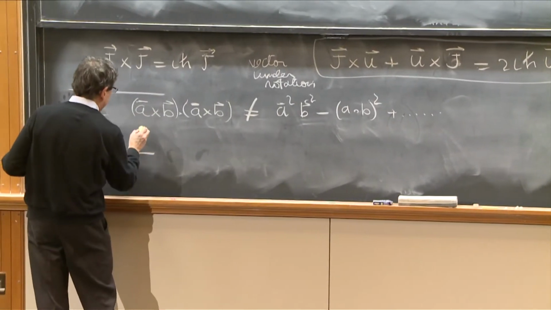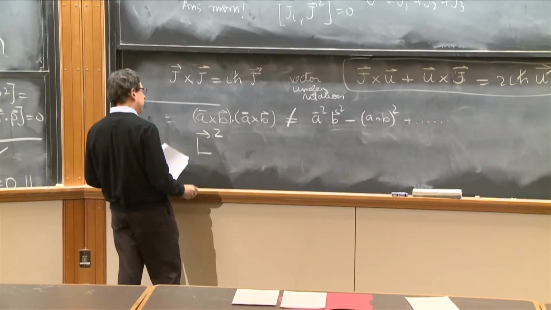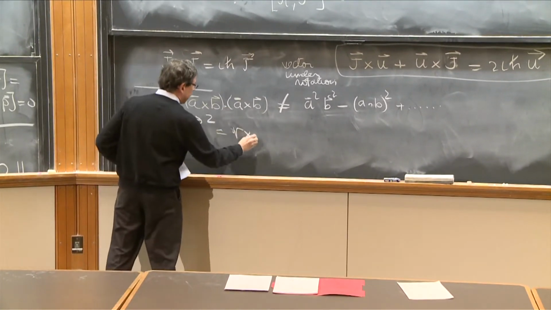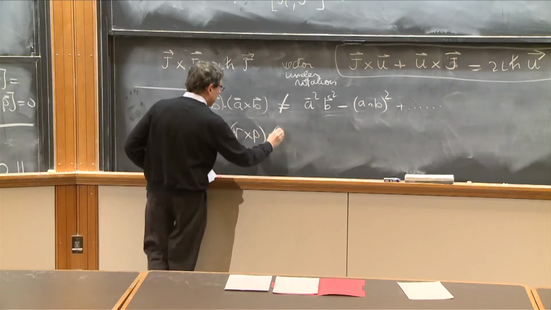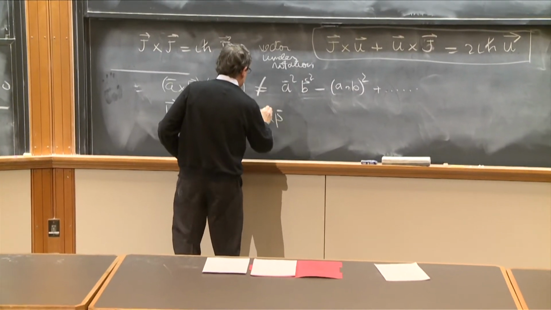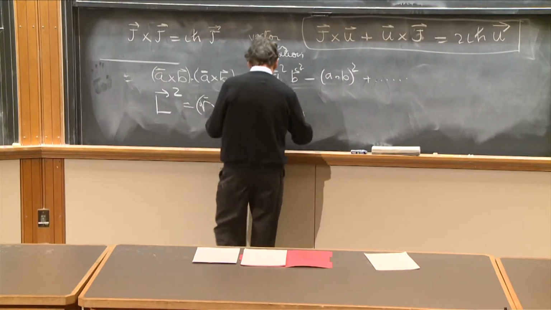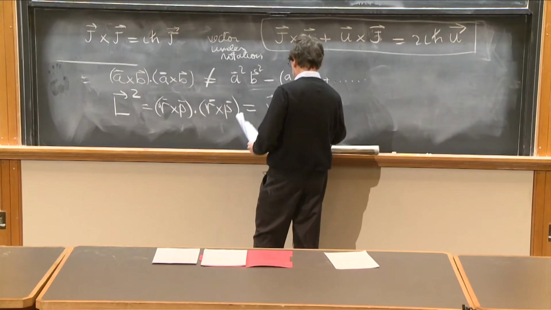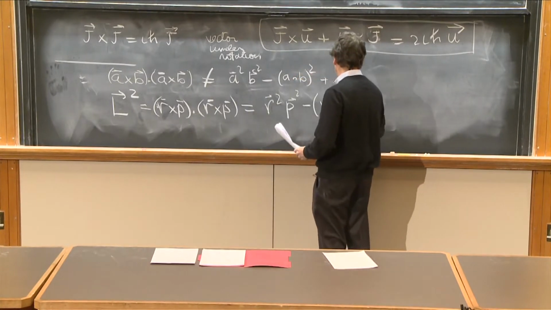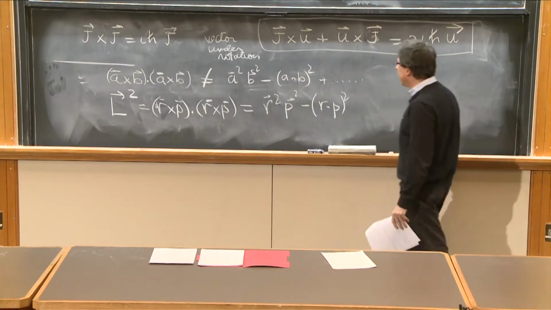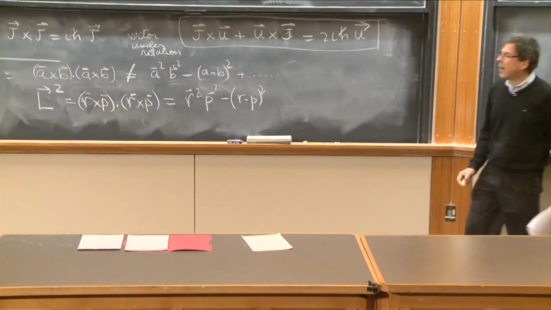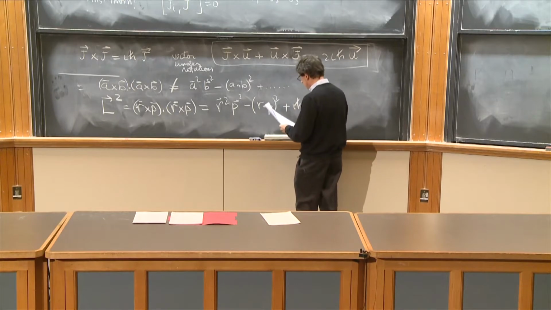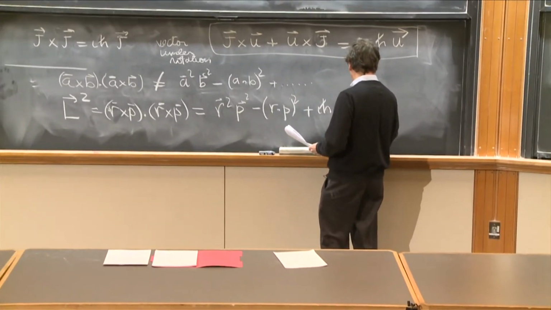Our case of interest is L squared, which corresponds to R cross P times R cross P. And indeed, it's not just R squared P squared minus R dot P squared, but there's a little extra, which perhaps you have computed by now, is i h bar R dot P.